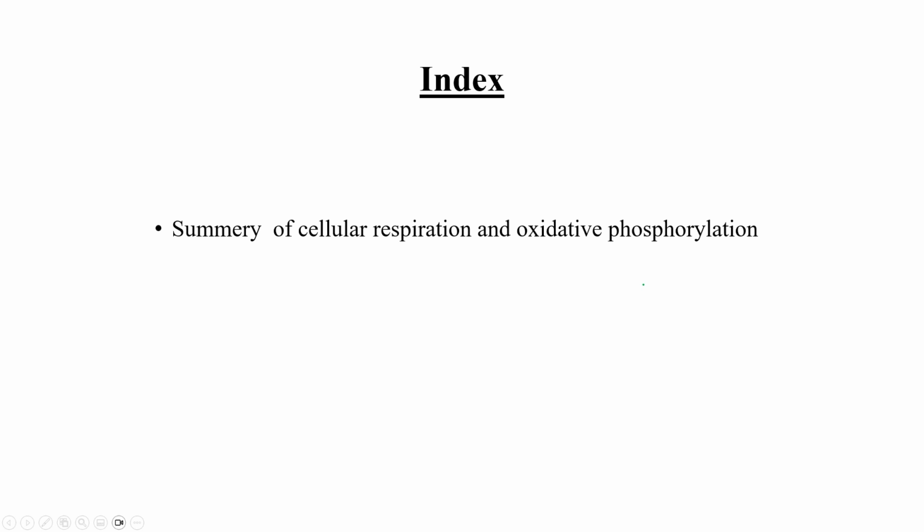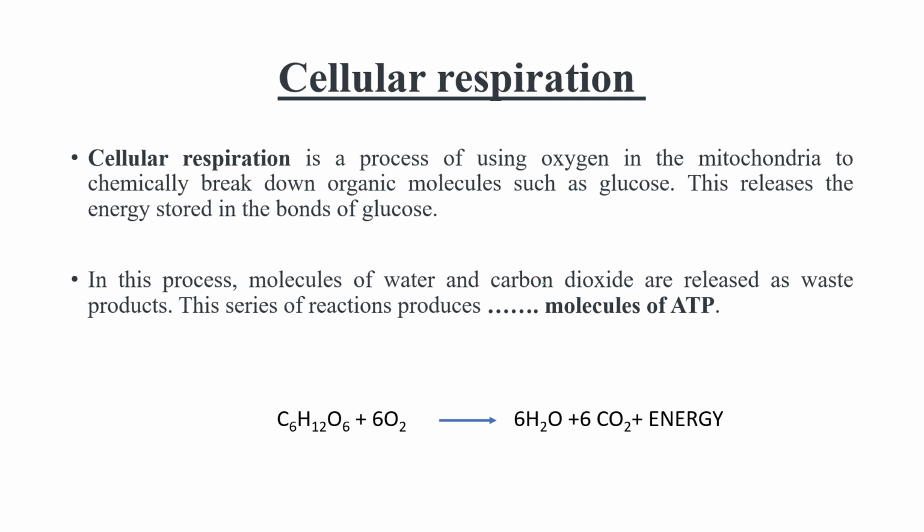In today's video lecture, we are going to discuss the summary of cellular respiration and oxidative phosphorylation. First of all, let's discuss the term cellular respiration. In the previous two lectures, we have already discussed this topic in a very detailed way, but once again, let me brush up the definition of cellular respiration.